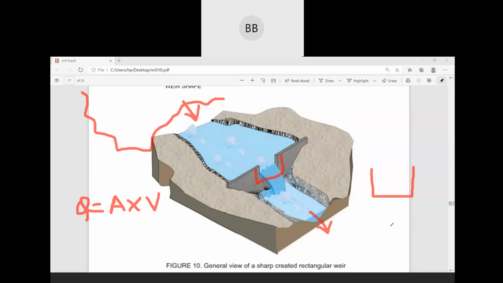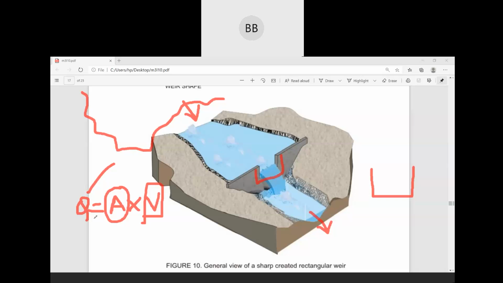Before that we have an irregular shape; after that we define the shape of the channel through which the water is flowing, that is rectangular. Now it becomes easy to find the cross-sectional area, and then we can find the velocity. Multiplying both, we can find the discharge.